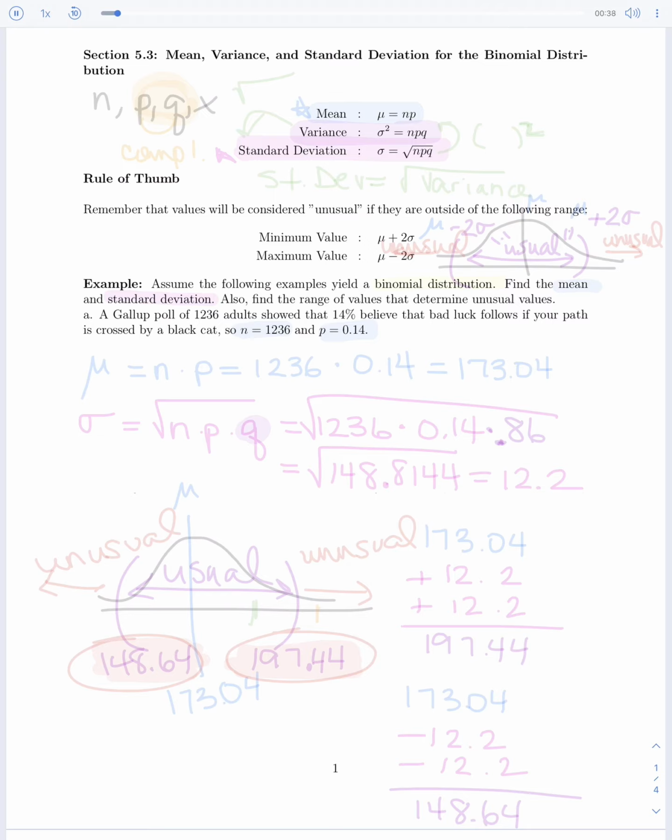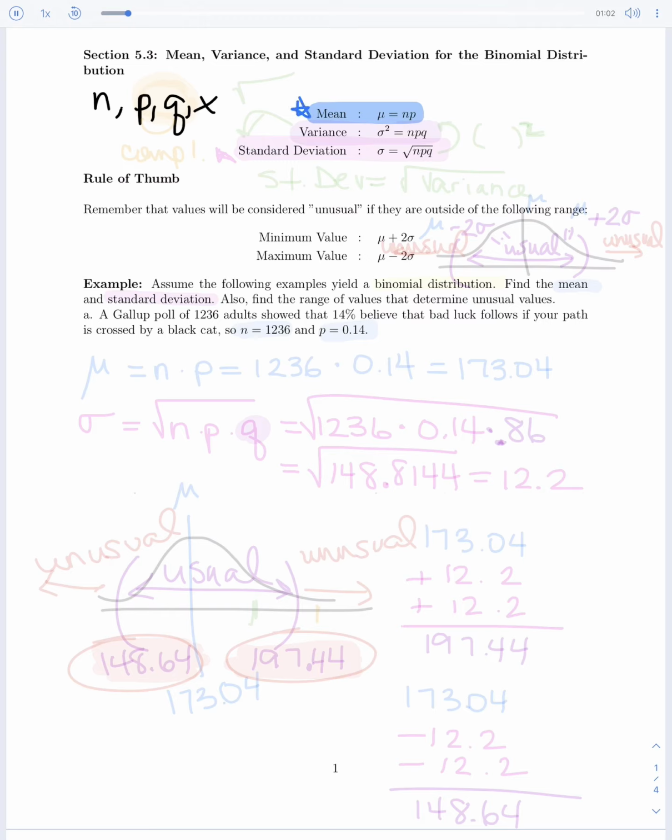So the first formula that you need to know is that the mean, we're dealing with binomial distribution. So remember that the variables we're going to have, or the letters we're going to have to choose from, are n, p, q, and x. So our mean, mu, is going to be just n times p, according to this first formula.